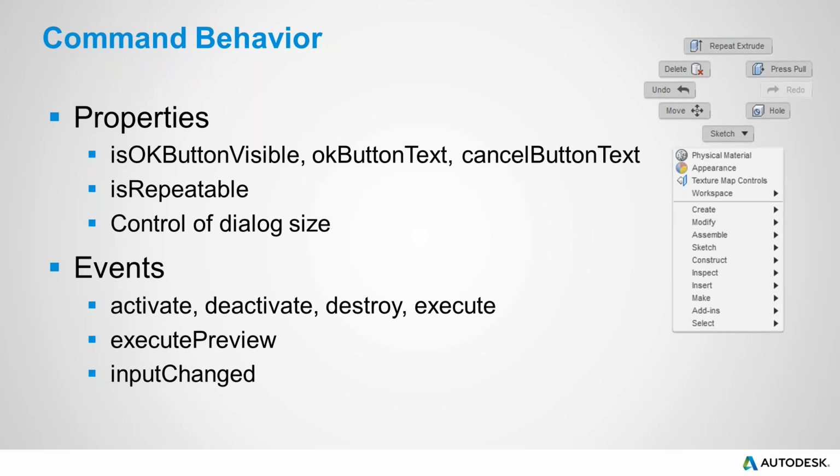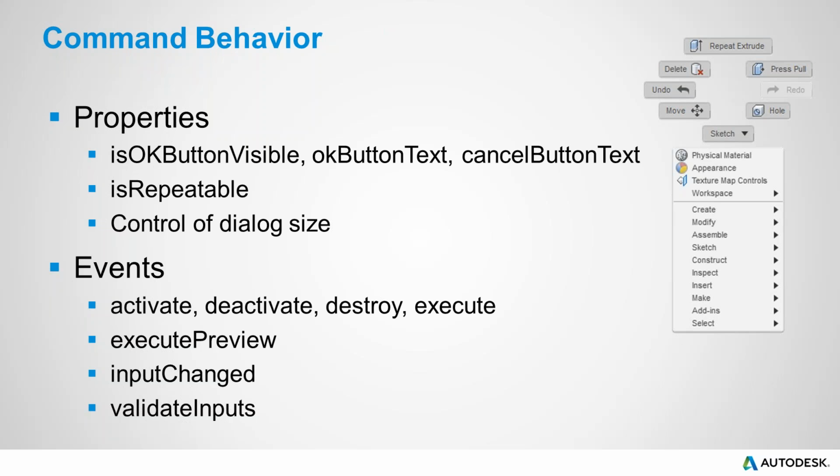You want to show some and hide others, and this notifies you when something has changed like that. And then validate inputs gives you a chance to look at all of the inputs in the dialog and check to see if the user has supplied all of the required inputs or not, and then you can say yes or no to that.